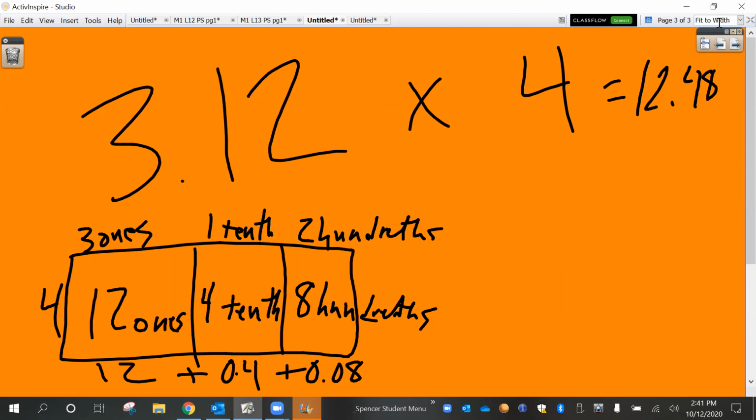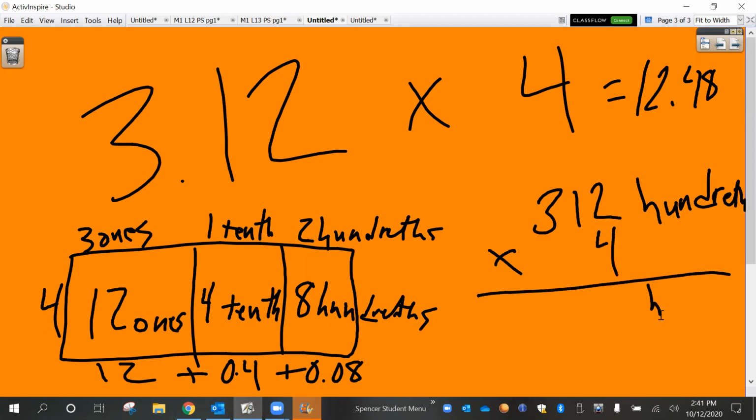Again, we're going to decompose this all the way down to our hundredths. So we're going to have 312 hundredths. And we're going to multiply this by 4. So we know our answer is going to be in the hundredths. 4 times 2 is 8. 4 times 1 is 4. 4 times 3 is 12.